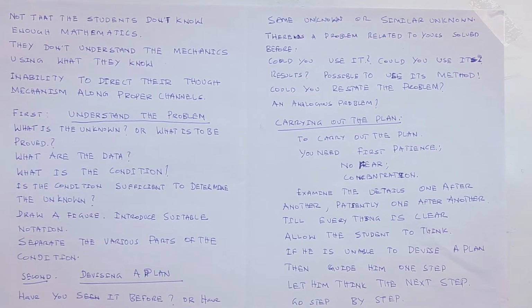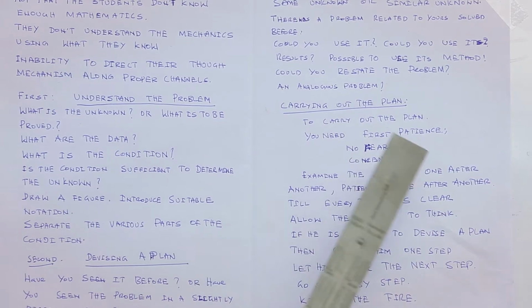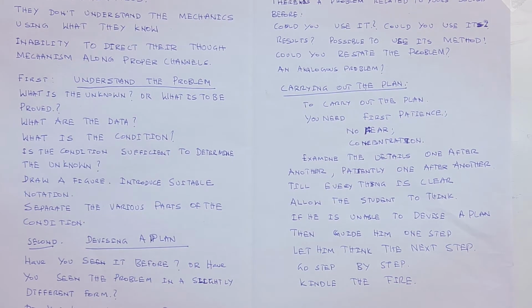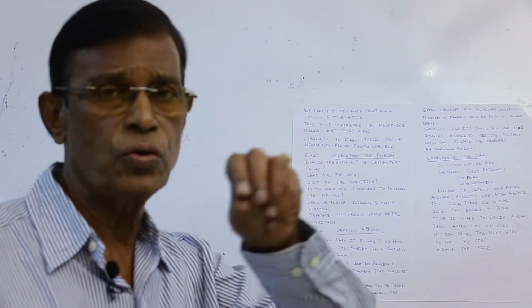See, carrying out the plan. To carry out the plan, you need patience, no fear and concentration. That is important, because most students, when they take up a problem, already have in their mind that they are not going to be successful in finding the unknown or getting the result.